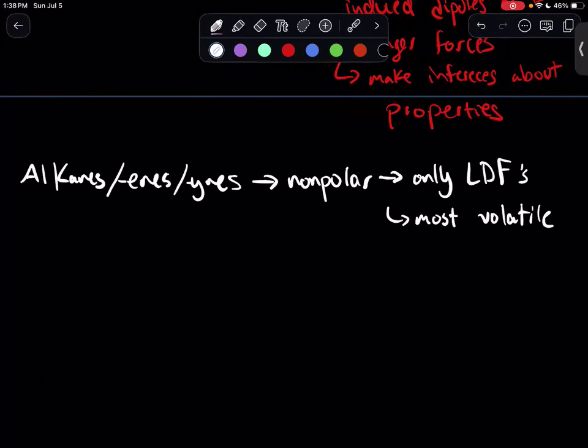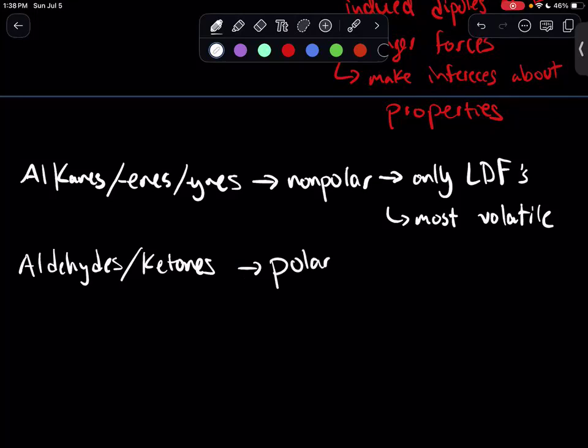When we move on to our aldehydes and ketones, generally we're going to see that these are polar. So we can start expecting dipole-dipole interactions in these homologous series.